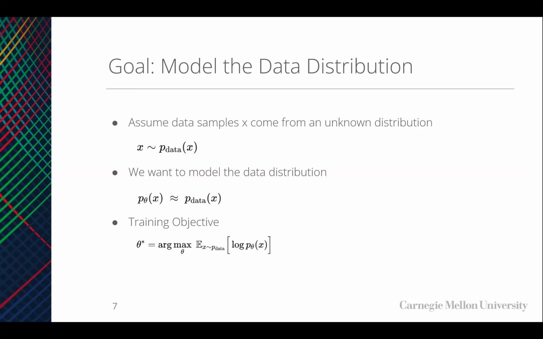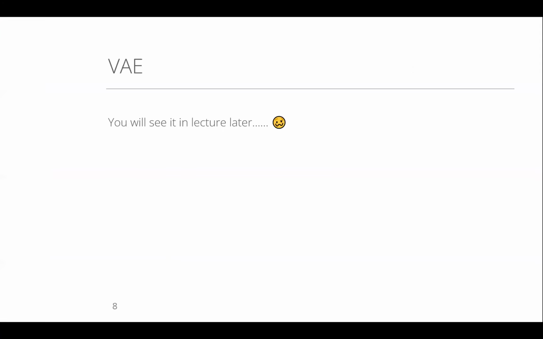If you take a log, you can break them up into additions. The expectation here is an approximation. In machine learning, you have a mini batch of data, and you're supposed to calculate the expectation analytically, but you cannot because there are infinitely many samples, so you approximate by sampling a mini batch. So this is the training objective.